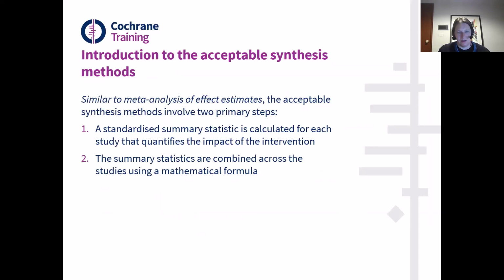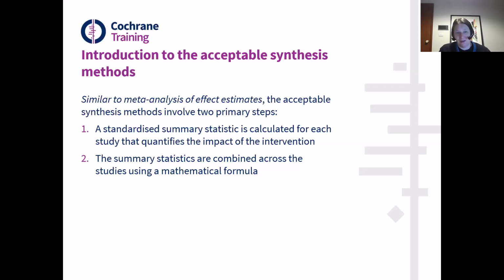So similar to a meta-analysis of effect estimates, the acceptable synthesis methods involve these two primary steps. The first is that you need a standardized summary statistic to calculate for each study that quantifies somehow the impact of the intervention. And then there's some mathematical formula that we use to combine those summary statistics across the studies.